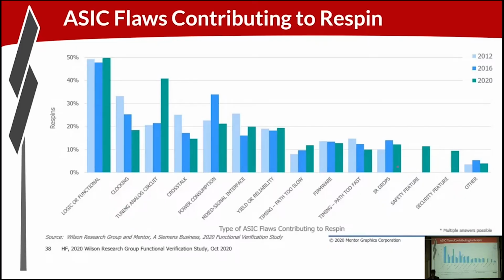The rest of these, almost all of the rest of these, are analog in nature, physical in nature. So the point being that digital logic, functional bugs, is easier to verify pre-silicon than these physical and analog type of issues. I think there are 2 bars here maybe that are digital logic in nature, safety features and security features, and I think the rest are kind of analog-y.